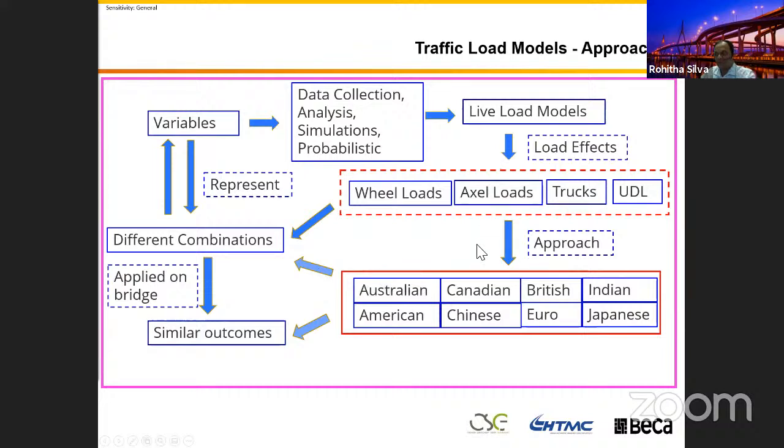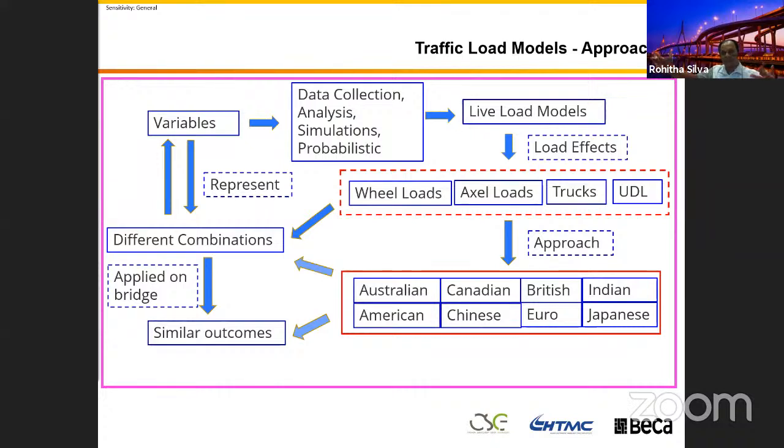When each code develops its own live load model for different combinations, it should always account for the variables we looked at before. All these different loading situations, right? Bridge-vehicle interaction, all these unknown things within the next 100 years.